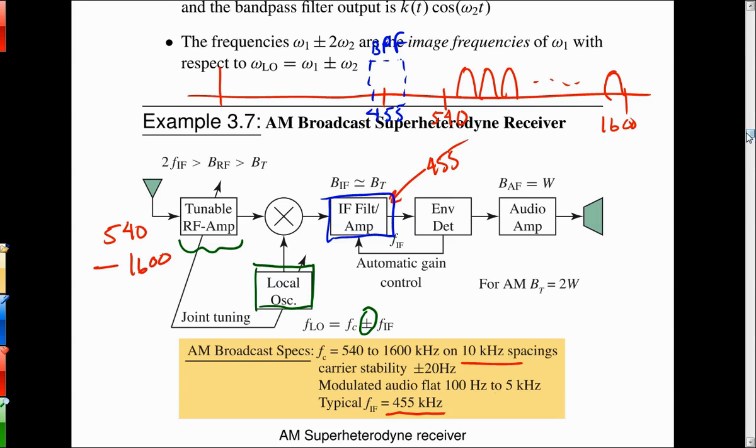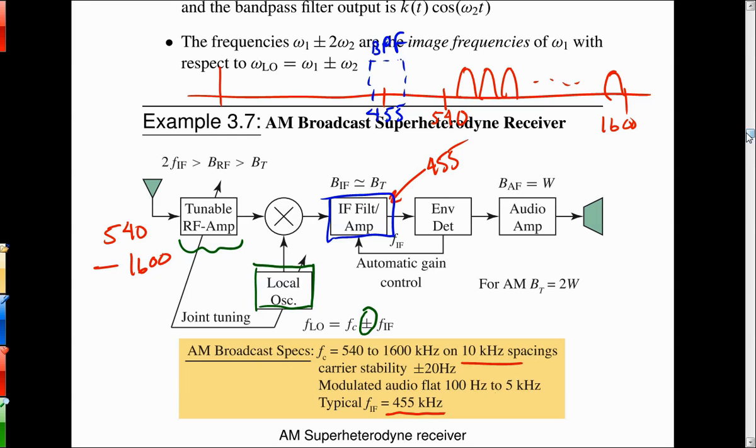And the other big advantage is the amplifier of the IF filter can be made to have a really high gain, because the AM signals that impinge upon the receiver's antenna are very, very tiny. So you need a lot of gain, on the order of maybe 60 dB, to bring the signal up from the microvolts per meter range to volts, or fractions of a volt, to get the envelope detector to work.